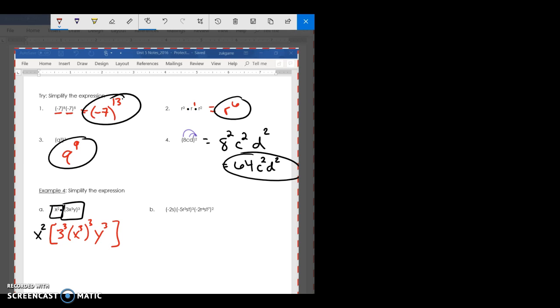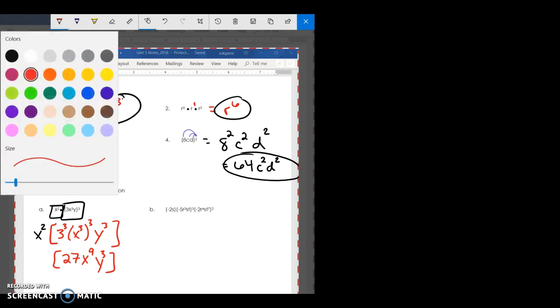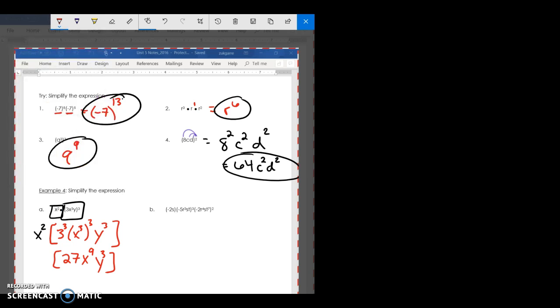Let's use our properties real quick. 3 cubed is 27. X cubed cubed, so an exponent to an exponent means I multiply, so 3 times 3 is 9. And then y cubed is just y cubed. And then let's not forget about our x squared that's out here.